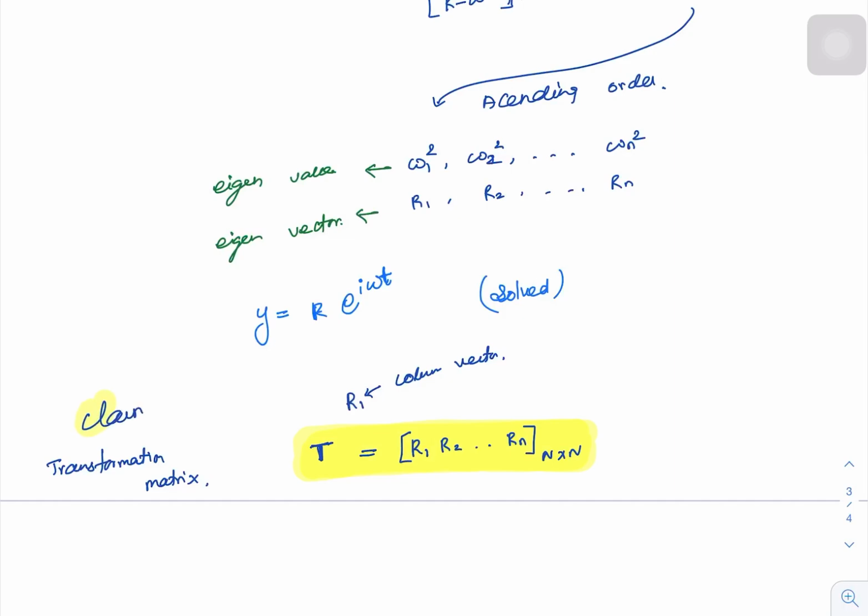This is my claim so far, I haven't proved it yet. Next I will prove that T satisfies that condition, which is T_s transpose M T_r equal to 0 when s not equal to r. If this is satisfied, then T is the transformation matrix. We will do it in the next class.